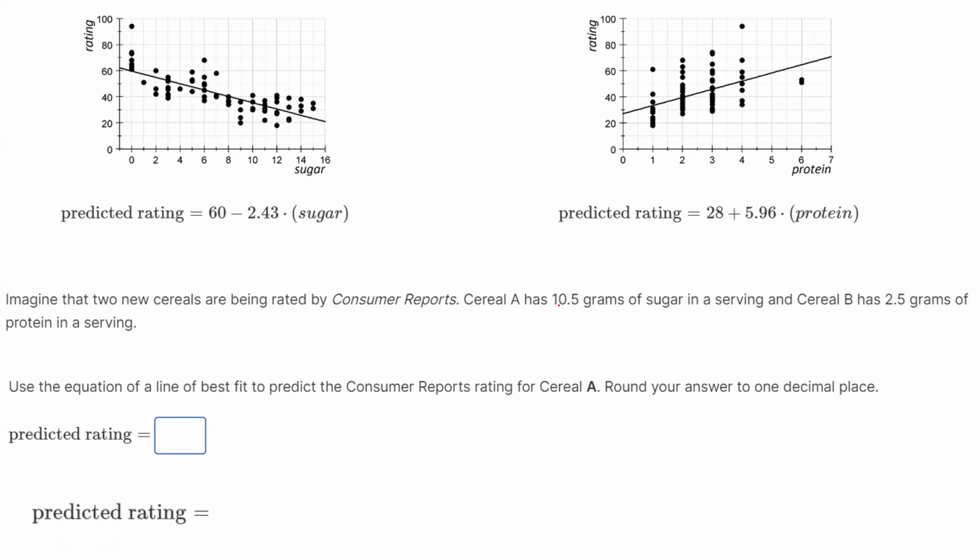Using the regression line formula, it is 60 minus 2.43 times. Remember that cereal A has 10.5 grams of sugar. That's why we use 10.5 grams of sugar here. Remember that the formula says sugar is just right there.